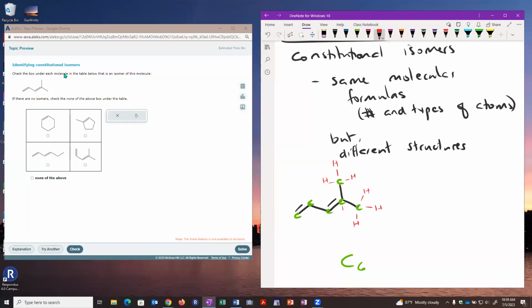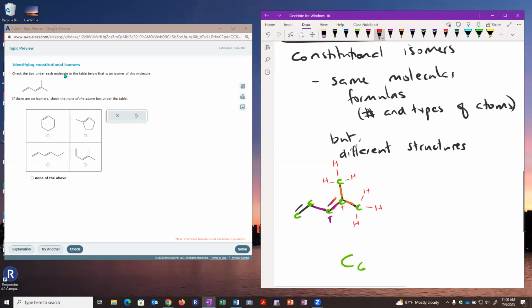This carbon here has, and I'm going to highlight the bond here in orange, it's got 1, 2, 3, 4. So that carbon doesn't have any hydrogens attached to it. This carbon in purple right here has 1, 2, 3.